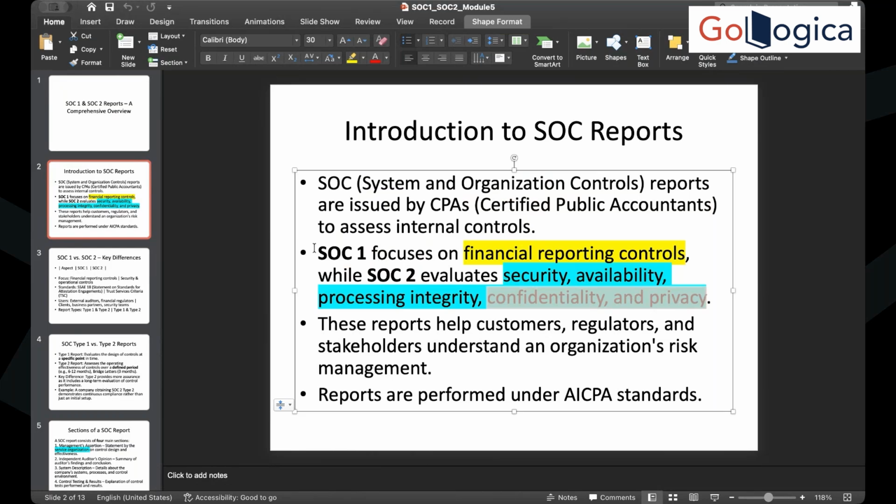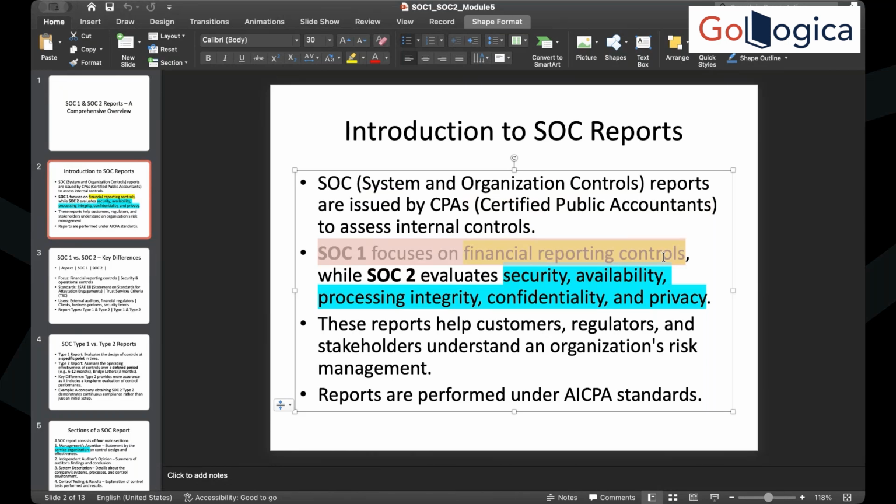Okay, so SOC 1 is more of a financial reporting control. So any application, for example your SAP. SAP is an ERP tool, right? As an ERP tool, it has all the financial data and everything. SOC 1 can be done for SAP with a focus on financial reporting controls on SAP.